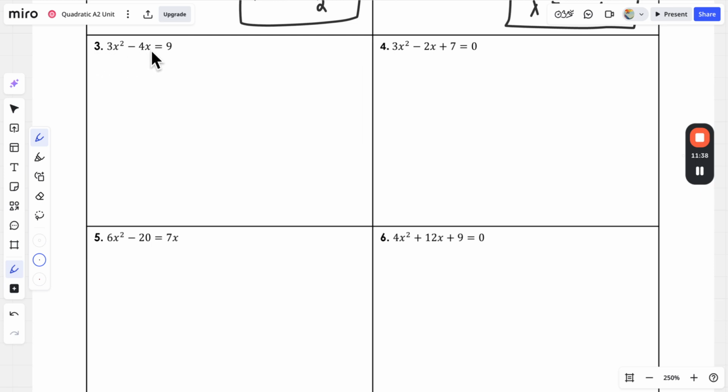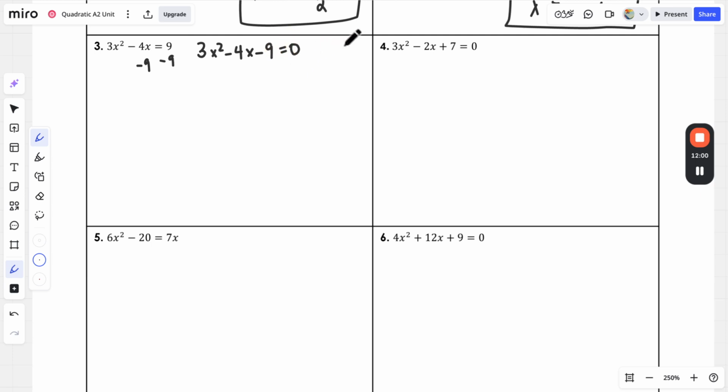On this one, it is not in standard form, so we must make it be in standard form. So we have 3x squared minus 4x, and we've subtracted the 9 from both sides to put it into standard form. Minus 9 is equal to 0.